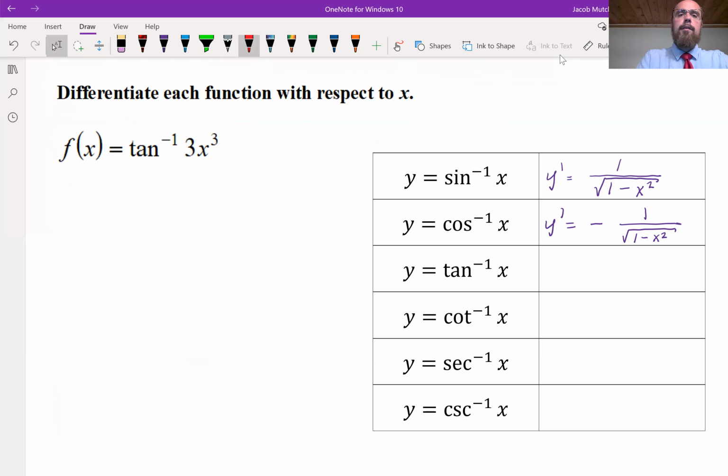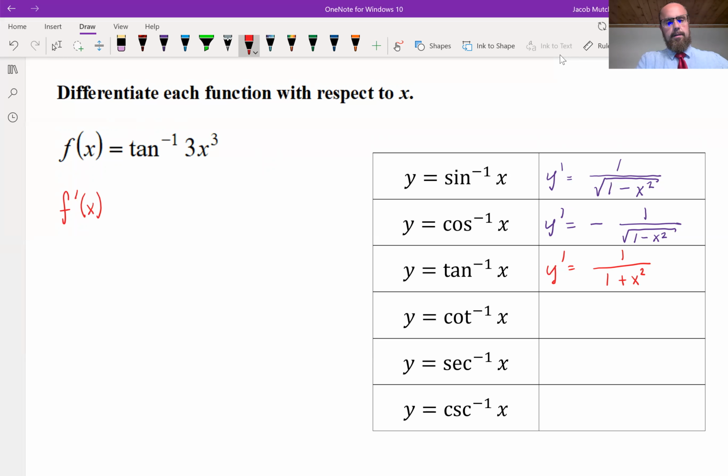So what we need definitely is an equation for the inverse tangent derivative. So we'll write that right here. Its derivative is going to be given by 1 over 1 plus x squared. So again, let's find the derivative of f of x here. So I'm looking for the derivative of f of x.